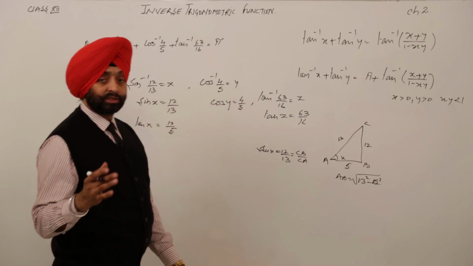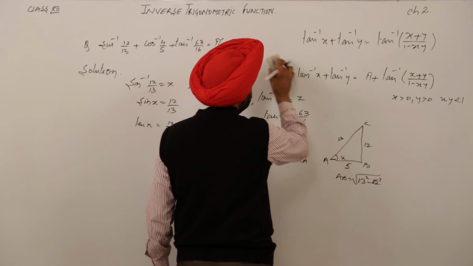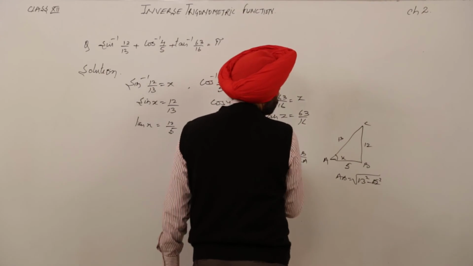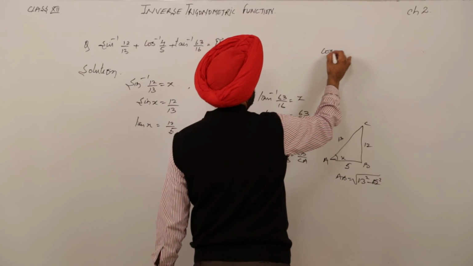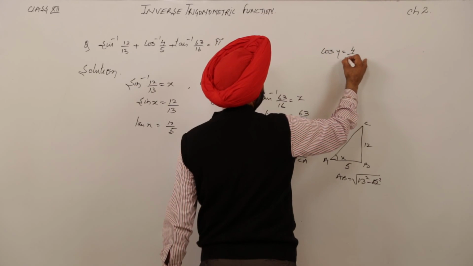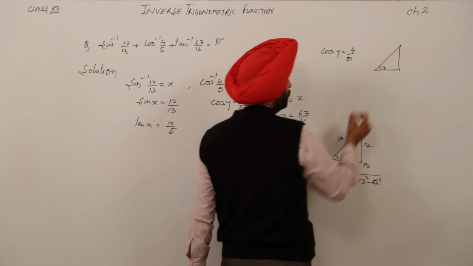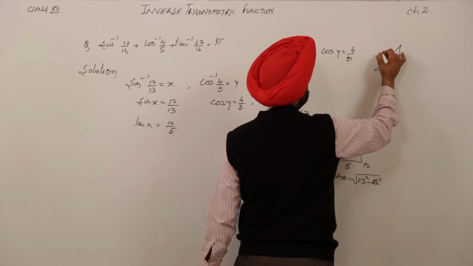Now similarly let's move to cos. This was for sin. For cos y is 4 by 5, so this angle is y, this side is 4 and this is 5.